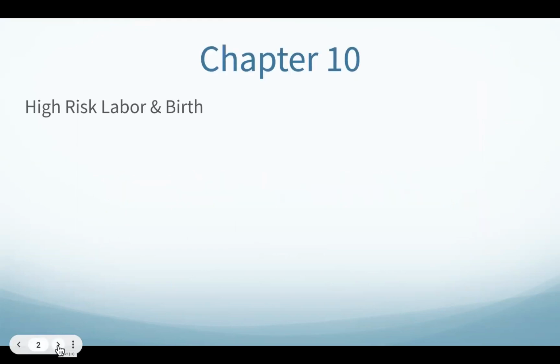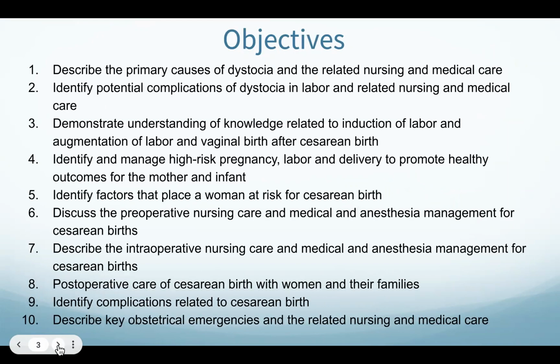Chapter 10, we're going to talk about high-risk labor and birth. Our objectives are as follows. We're going to describe the primary causes of dystocia, related nursing and medical care, complications of dystocia, understand induction and augmentation, identify high-risk pregnancy, labor, and delivery, identify factors that place a woman at risk for cesarean birth.